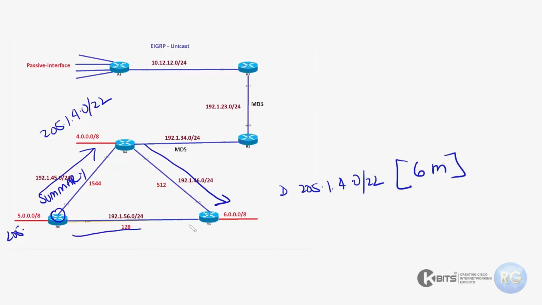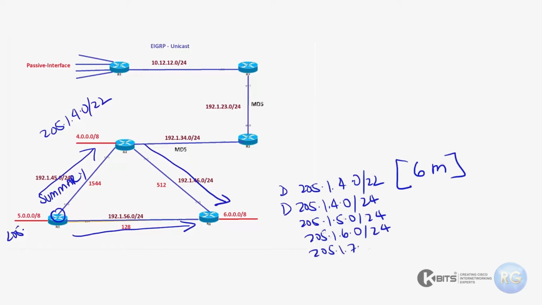What do I send over here? I didn't summarize on the worst link. I'm going to send the actual path, which is 205.1.4.0/24, the individual routes. Agreed?